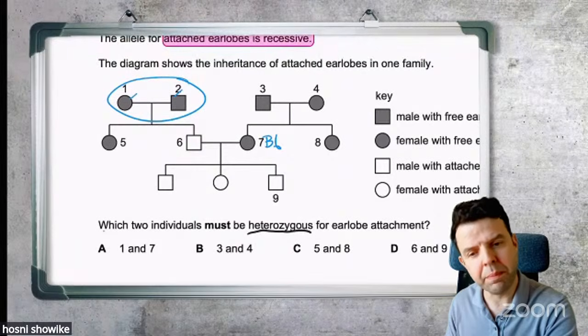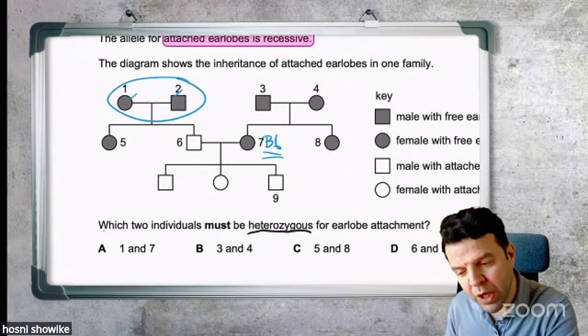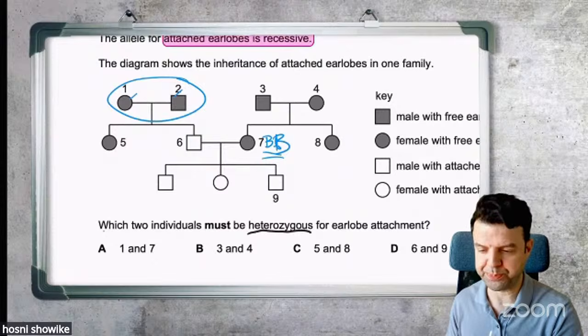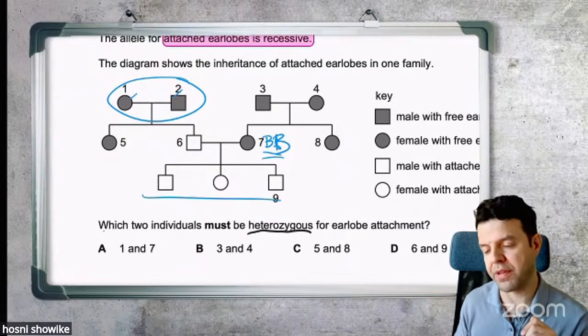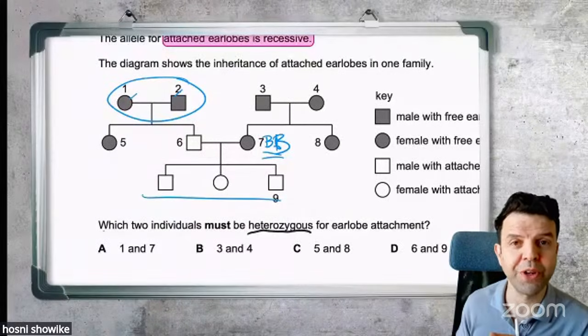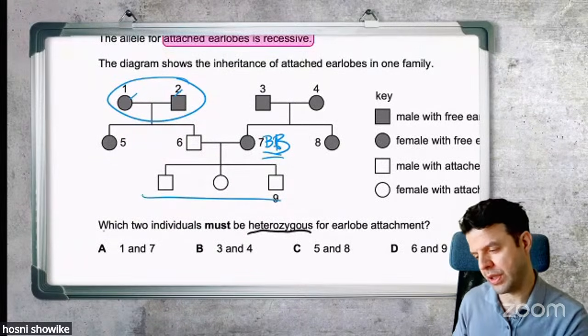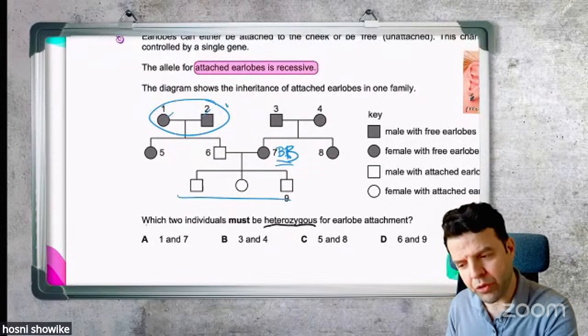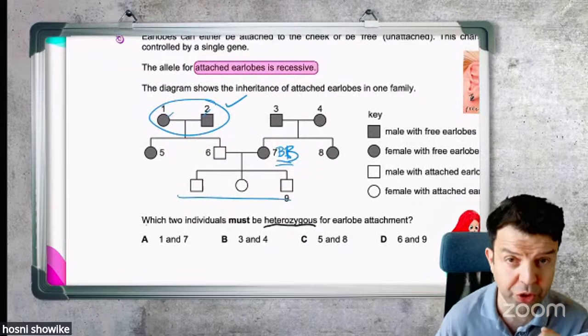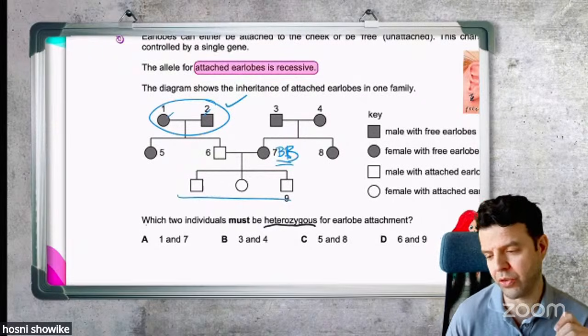So he must be B capital, B small. Because if he was B capital, B capital, every single child would have been just like himself. They're all free earlobes. All right? So again, parents of children that have different trait, they're always heterozygous.